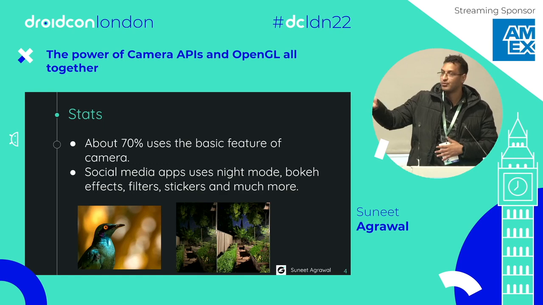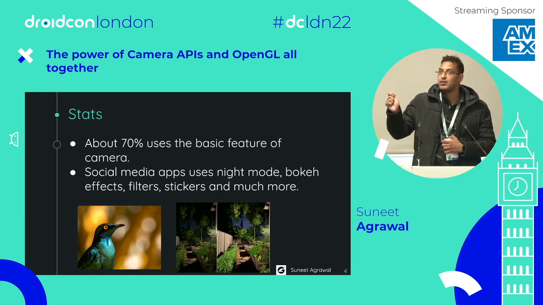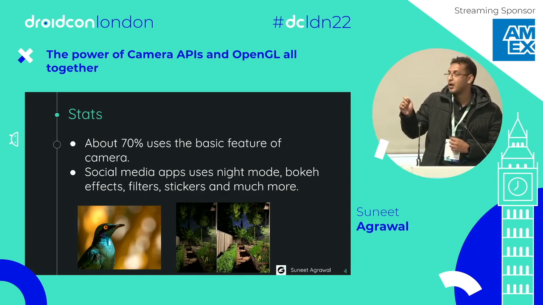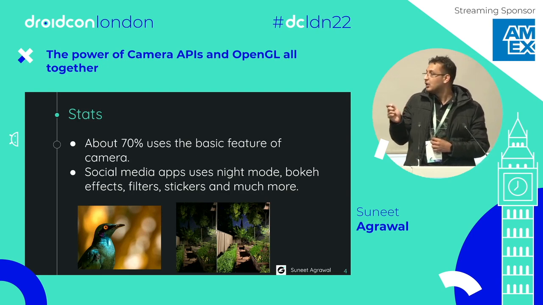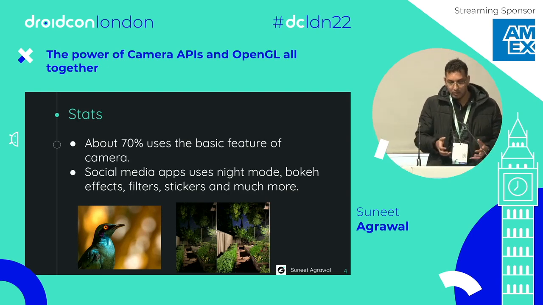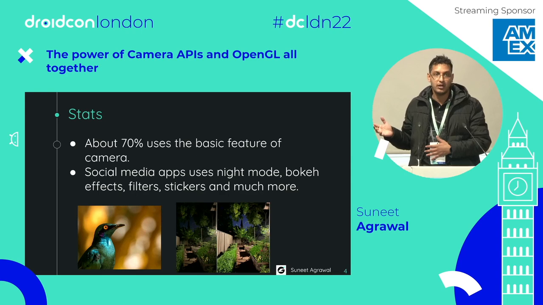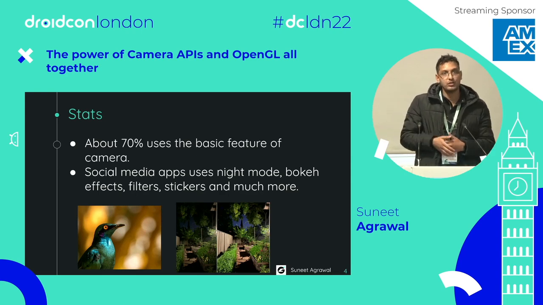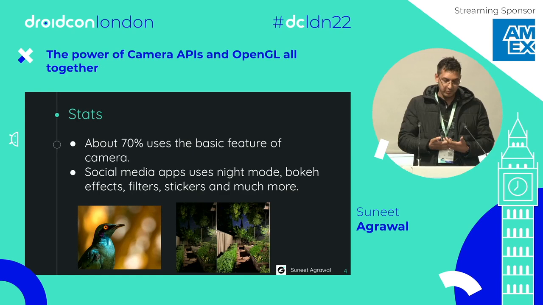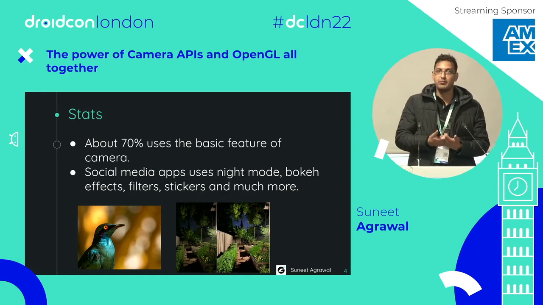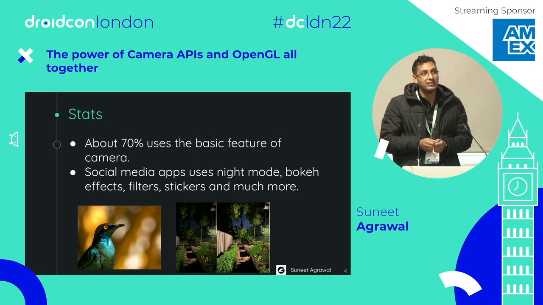On the left image, the background is blurred, but the other lens is focusing on the front object. This is called the bokeh effect, where the background is blurred and the object in focus gives you a live effect. On the right side we have a very simple night mode image, which just gives brightness to your preview and the image at the end.